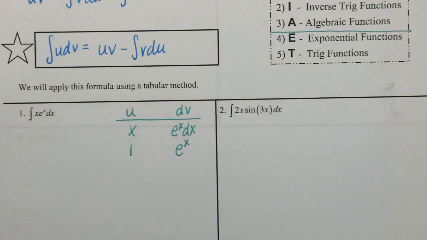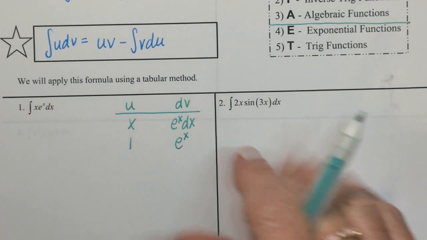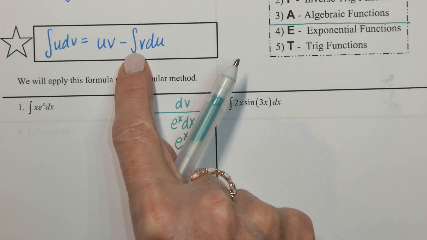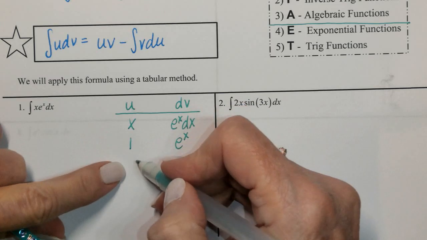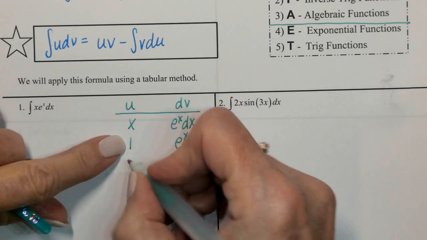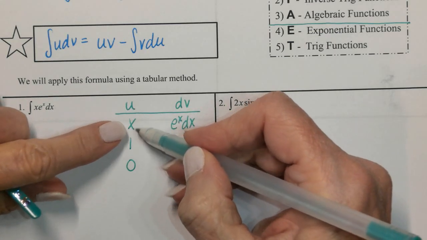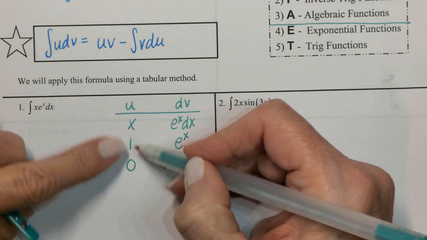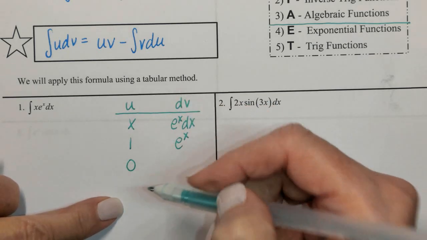Now, the beauty of the table method is this. I'm going to show you a way that we don't have to end up with the integral here. I'm going to do one more step. I'm going to get to 0. Here's the thing, you want to take the derivative and keep taking derivatives until you get down to 0, if possible.